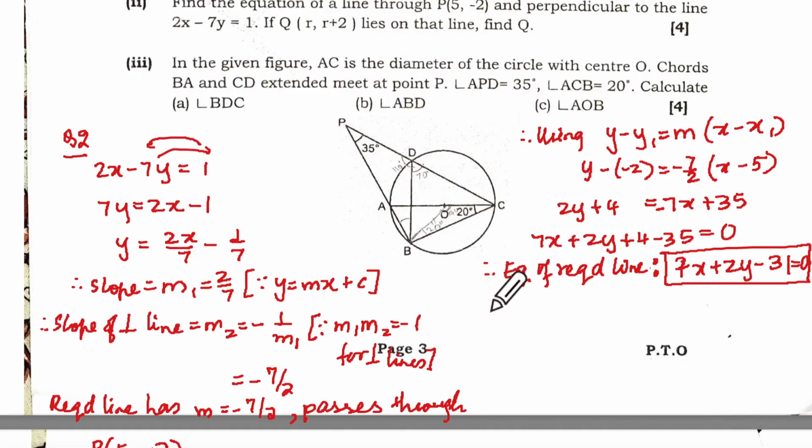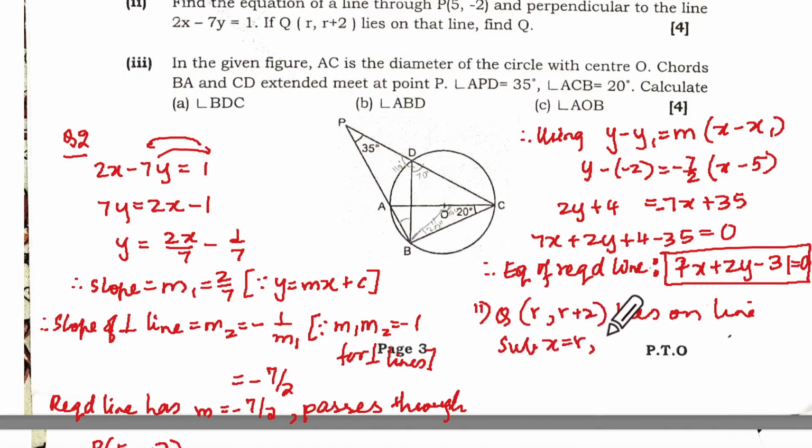Then what are they saying in the second part? Q(r, r+2) lies on this line. So substitute x equal to r and y equal to r plus 1 in the equation.